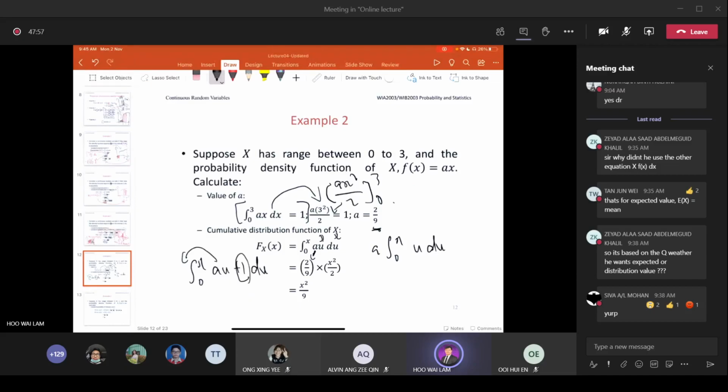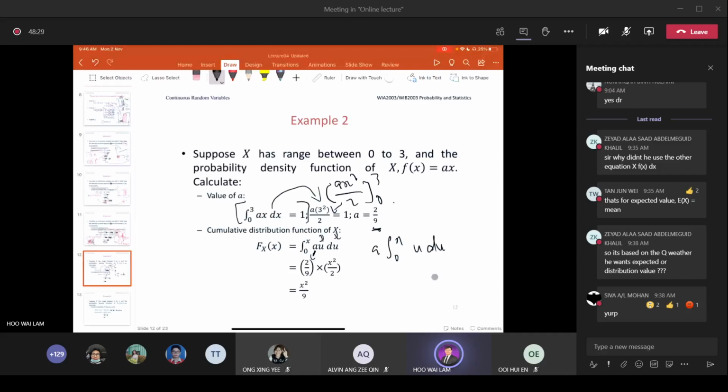If you take a outside, it will become (u plus 1) divided by a, not just u plus 1. When I was marking previous semesters' students' scripts, this was one of the main problems we faced. I'm not so sure why students make this kind of mistake, because it's very general, right? You can't just take out like this, because this one is just a direct multiplication. That's why you can do the taking out.